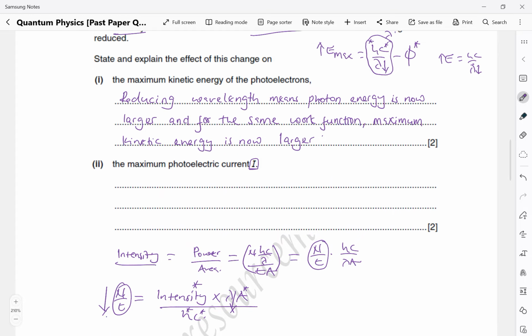So we can say at constant intensity, a higher photon energy means fewer photons per unit time.